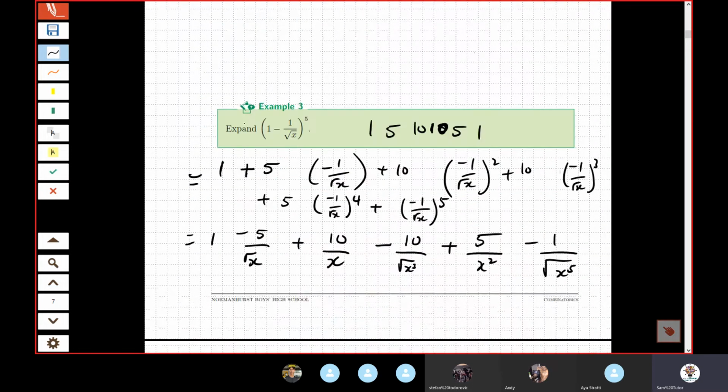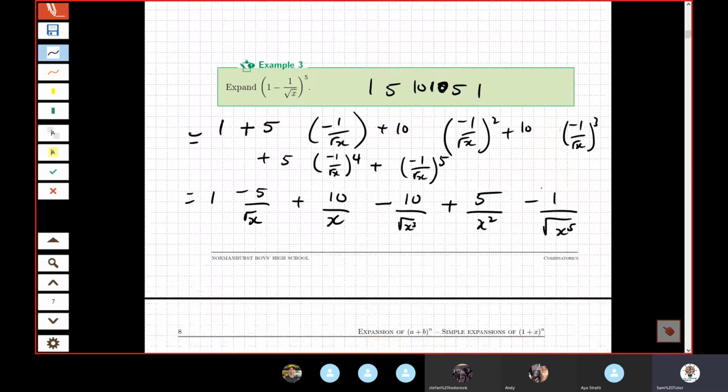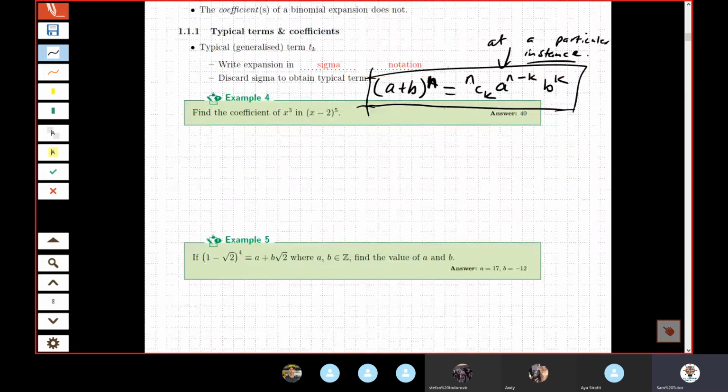If you think about what I literally just did even here, that is n choose k, that is my a to the n minus k, and that's your b to the k. And you're doing that every single time. So technically you've already been doing it. It's just a nice way to recognize that you can find any instance using this formula. Now, you could have expanded this using what we just did, but I want to do it this way so you guys can get used to it. So let me show you.